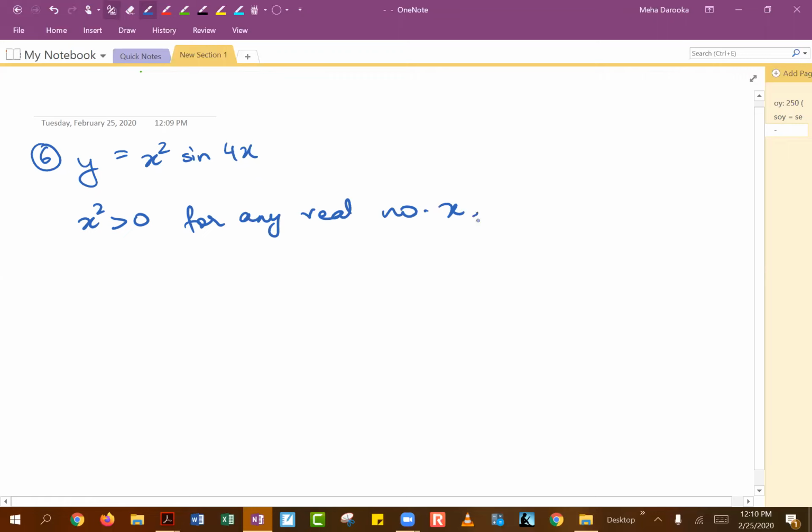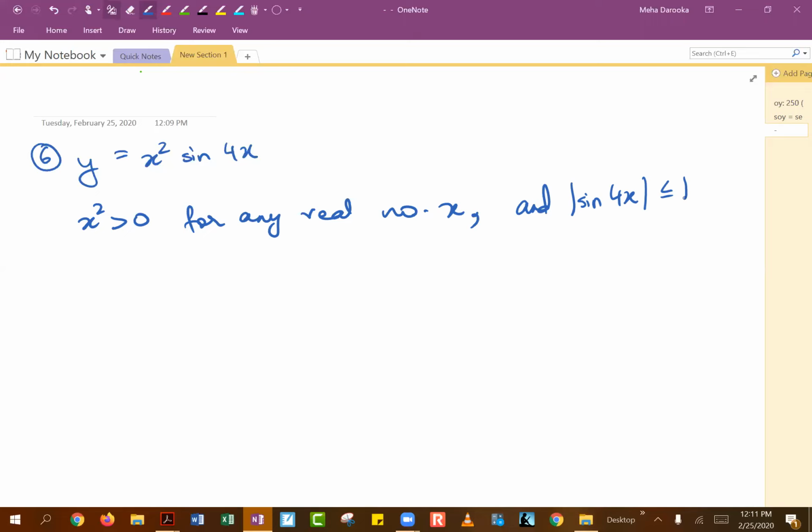And we know that sine of 4x is also going to stay between -1 and +1, because remember, it's the amplitude that changes the range, not the 4x part of it. So the range is still going to stay between +1 and -1.